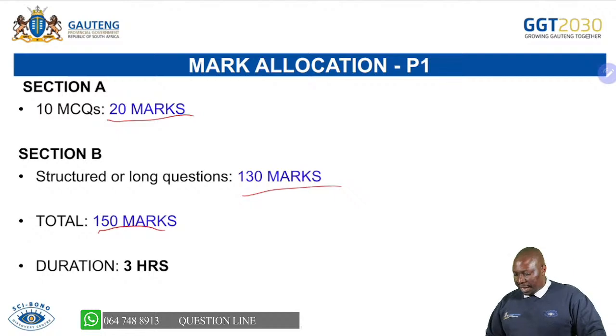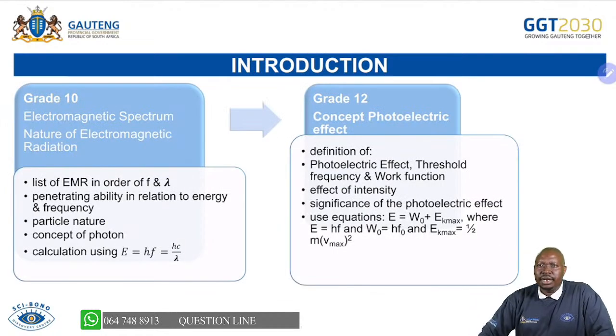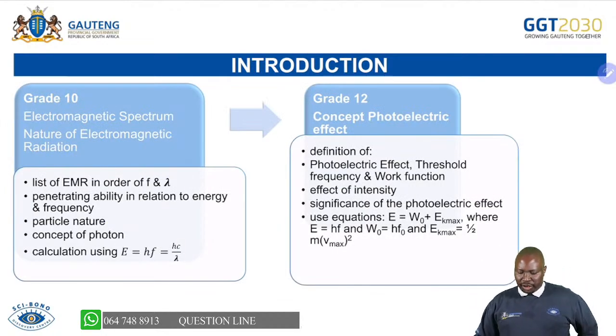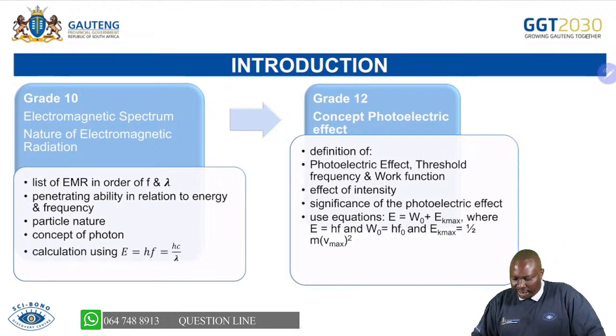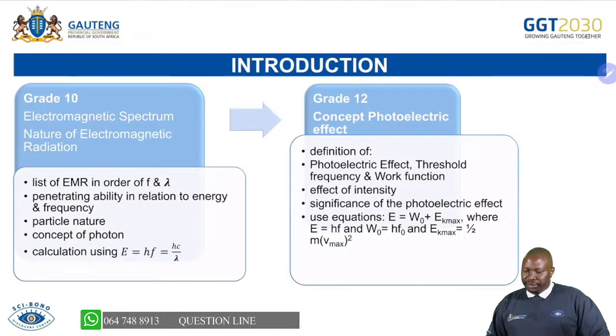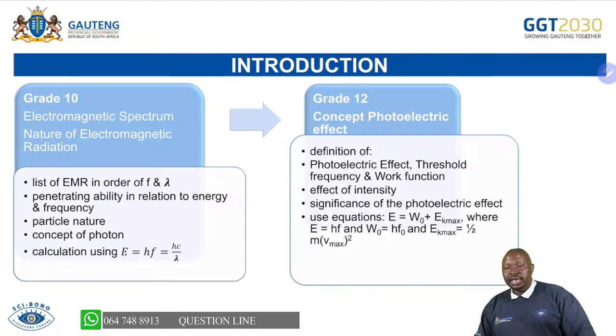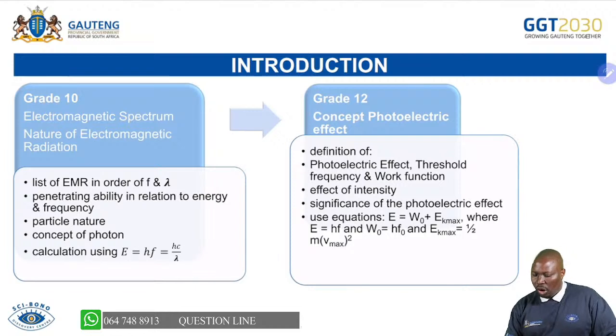Now, with no wasting of time, we'll go straight to the topic. However, I would like to first show you the prior knowledge to say you are not coming to this topic empty-handed. Remember, the topic is photoelectric effect. In grade 10, you have done what is called the electromagnetic spectrum, or electromagnetic radiation.